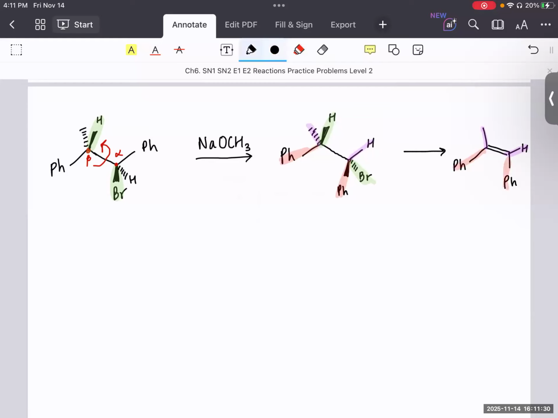And so note that this is not the same as this product. So if you drew out this product, it would be incorrect because it doesn't have the correct Z and E denotations for that alkene. And so you have to draw this top one that I have up here as the correct product for this reaction.